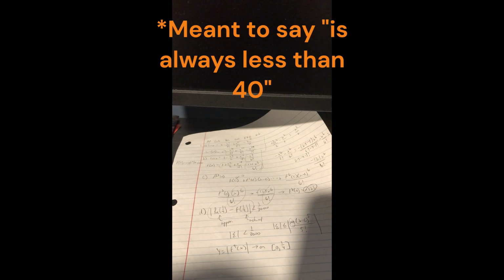Okay? Now, based on the graph that we're given, we're not really given any exact value for the maximum, but we are given that it never is greater than 40 on the interval 0 to 1/4. So we will use 40 as M. Okay?